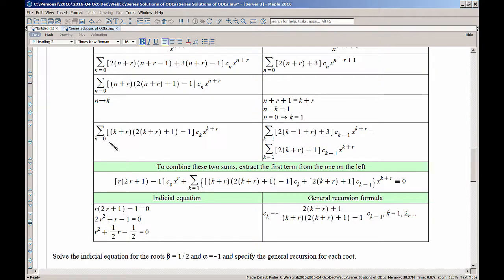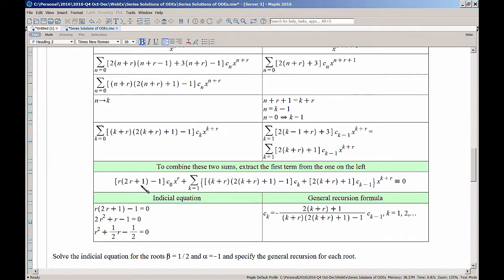Unfortunately, this sum starts at 0 and this sum starts at 1, so what you have to do is extract the first term, the k equals 0 term, from this chunk before you can write one sum starting at 1. So you let k be 0, and you have an r, it will multiply at 2r, and this is a 2, and you take away 1.